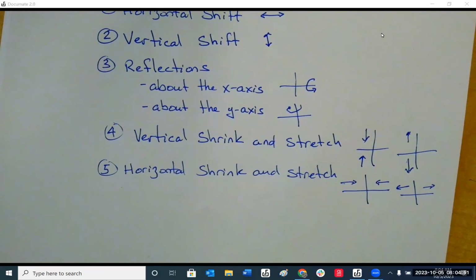To make life easier, before we start, let's review some stuff. We've actually done this before in chapter 1.